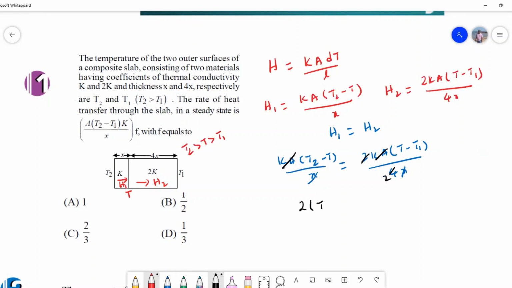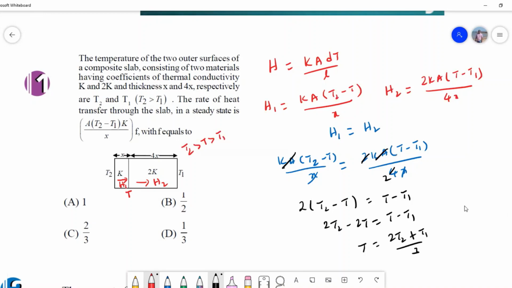So 2 times T2 minus T is equal to T minus T1. So I can write 2T2 minus 2T is equal to T minus T1. Simply, T is equal to 2T2 plus T1 upon 3.